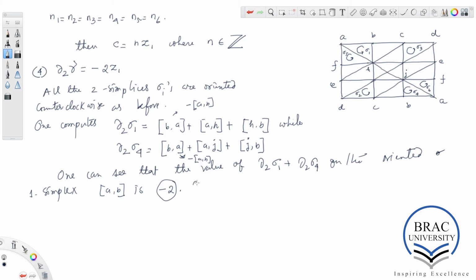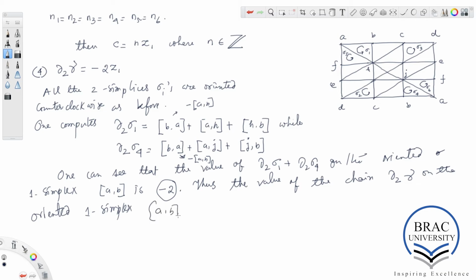Thus the value of the one chain del 2 gamma, which incorporates this sum, on the oriented one simplex a comma b is minus 2.